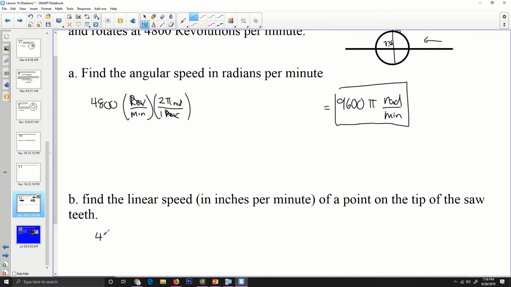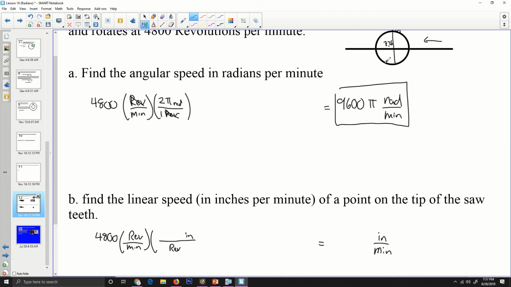We've got 4,800 revolutions per minute, and we need to get to inches per minute. Minutes on the bottom, minutes on the bottom. We need to cancel out revolutions and turn that into inches.